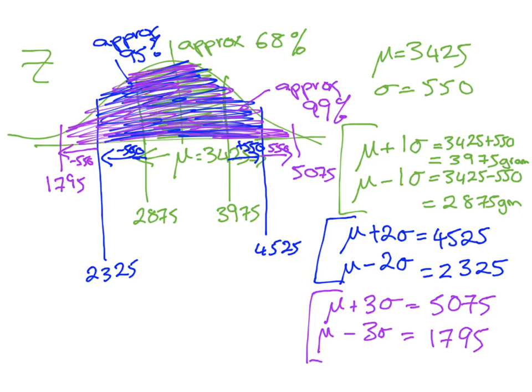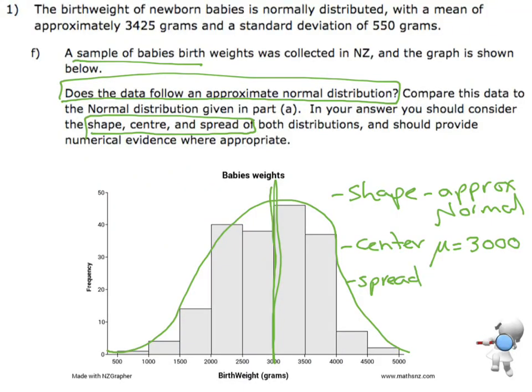Now that's the piece of information I'm going to use to work out my standard deviation for the graph. Okay, so what it means is that if I go from my smallest value to my largest value, that distance there, I'm going to say that is approximately 6 standard deviations. So from the mean, I'm going to go up by 3 standard deviations, down by 3 standard deviations.